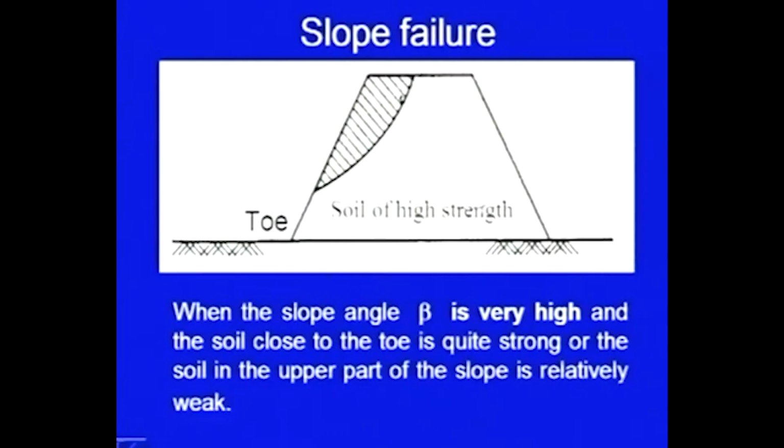So if the composition of this embankment, this man-made structure, is such that here there is good quality soil, well compacted, having higher strength, very stiff, and at the top surface it is not that compacted, it is weaker, then failure can take place in the upper surface, and this particular failure is termed as slope failure. So here the slope is failing.